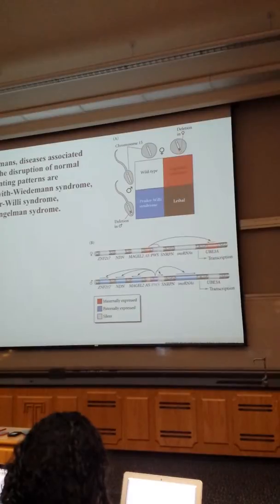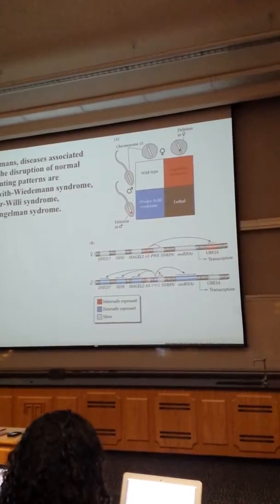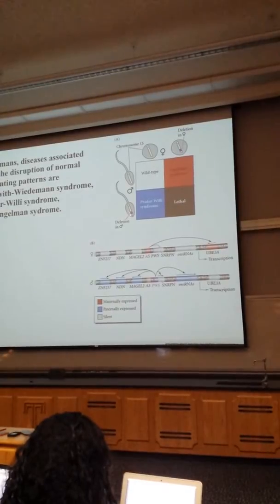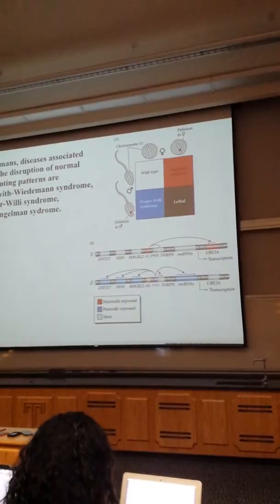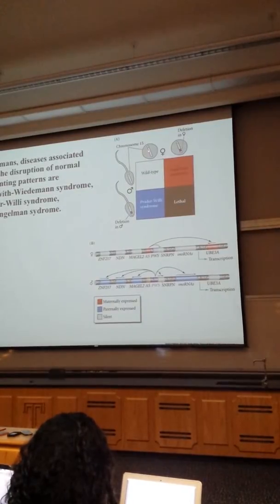What's interesting is if the abnormality on chromosome 15 happens in the male during spermatogenesis, and the abnormal sperm mates with a normal woman, the child they'll have in this case has Prader-Willi syndrome.